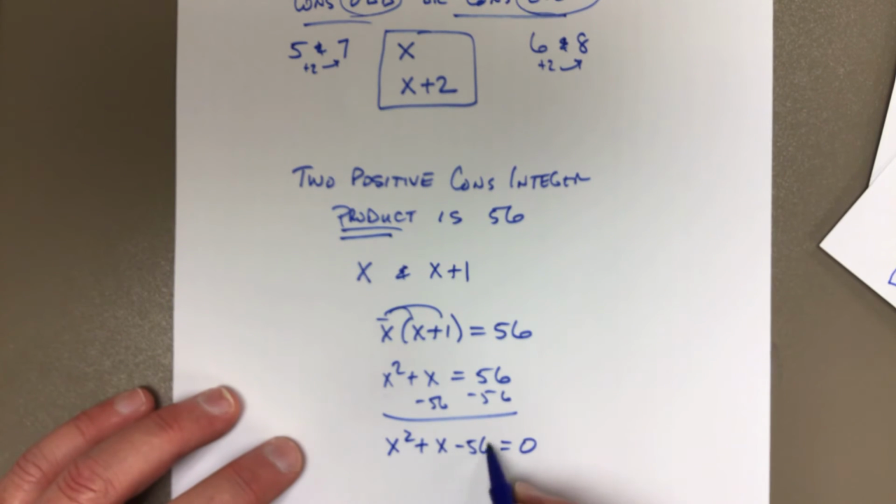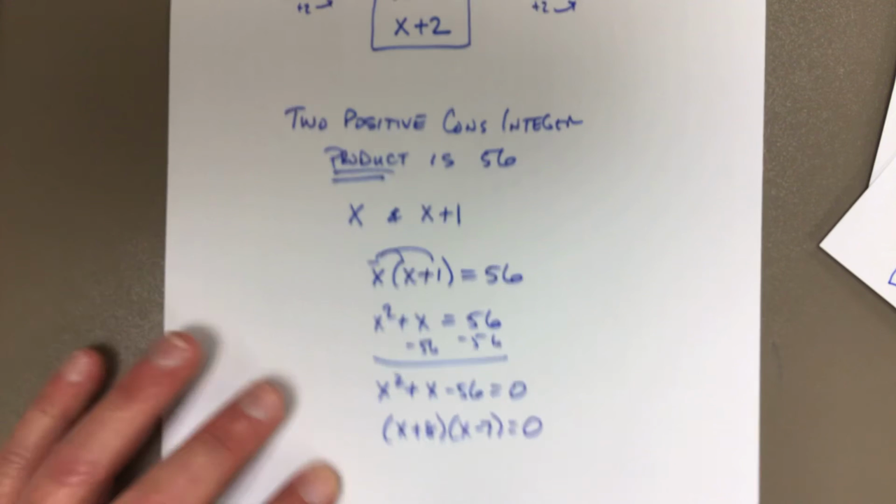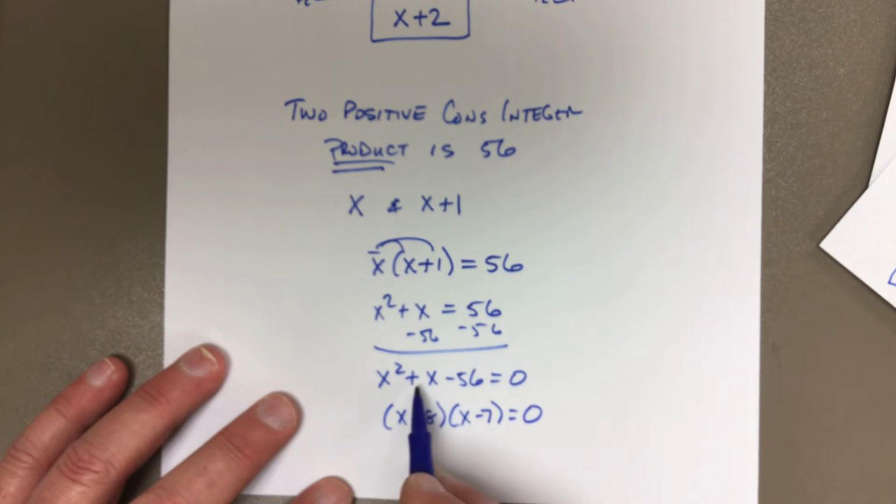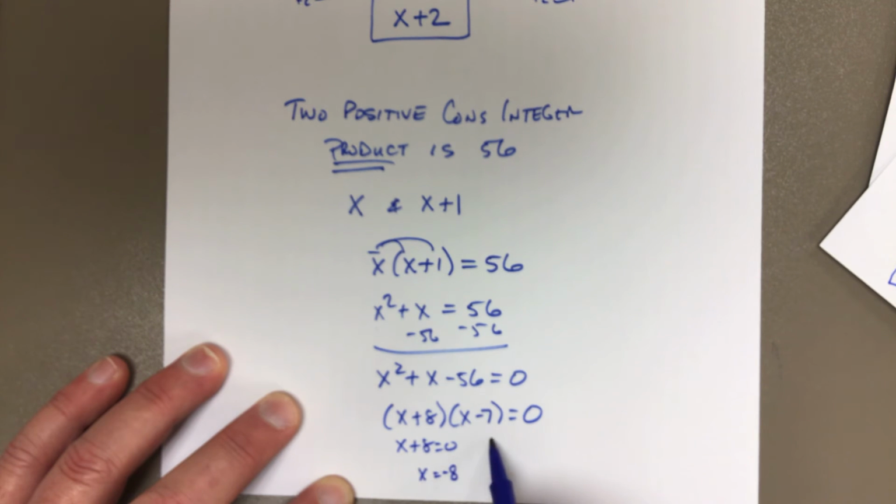So two numbers that multiply to give me negative 56 that add up to positive 1 are x plus 8 and x minus 7, because 8 minus 7 is 1 and 8 times negative 7 is negative 56. We set these equal to 0, and we get x equals negative 8, and x minus 7 equals 0, so x equals 7, right?